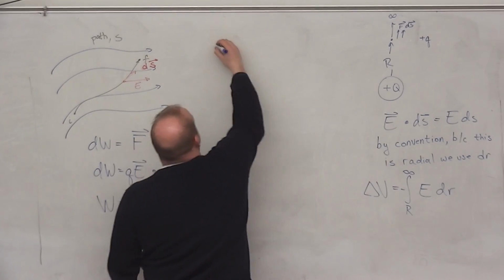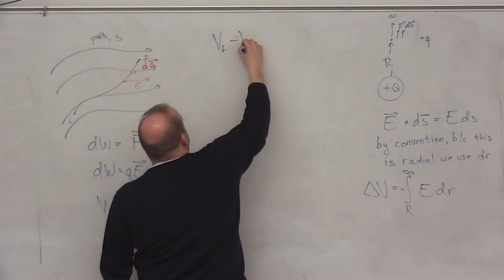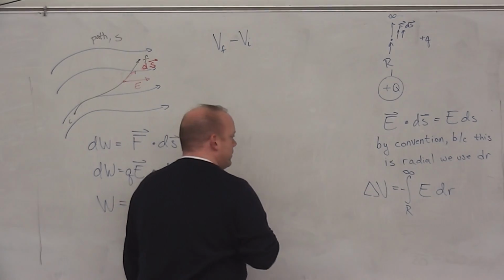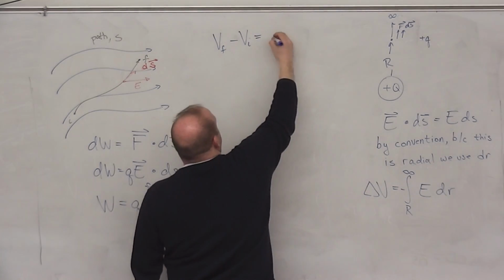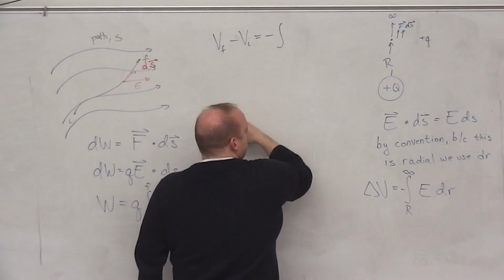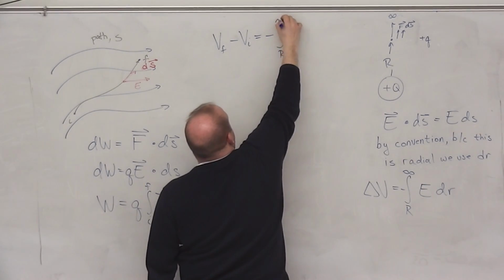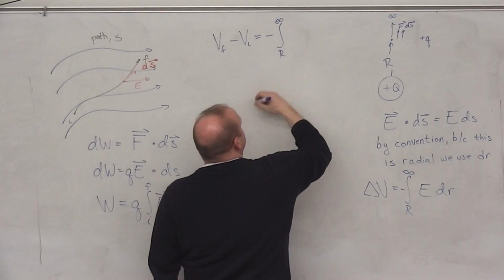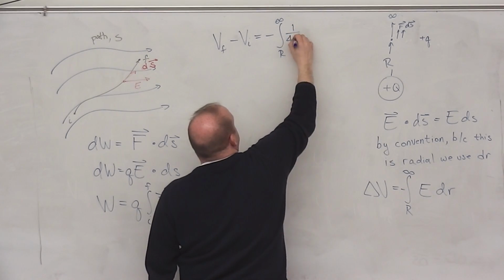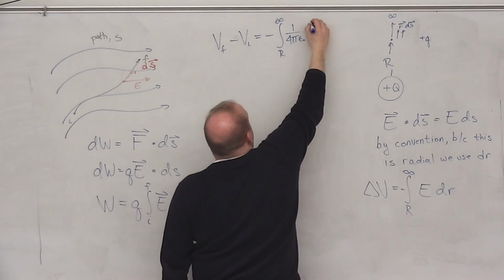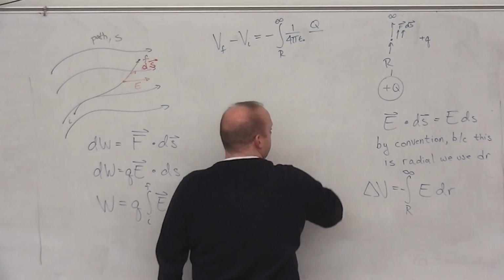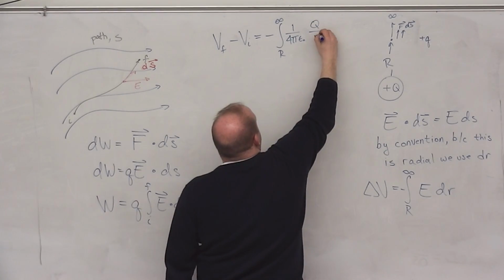So now I'm going to rewrite that. Delta V is going to be V final minus V initial. Negative integral from R to infinity. E is going to be 1 over 4 pi epsilon naught, big Q, over R squared.